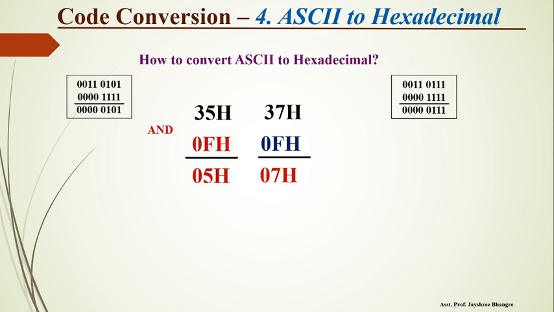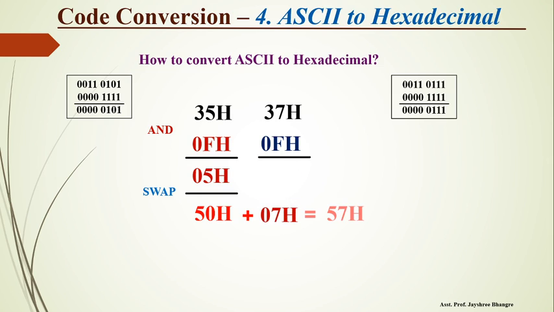Actually this number is 57H. So we have to swap the 05H, and after swapping we get 50H. Add this with 07H, and we get the actual hexadecimal number, that is 57H.